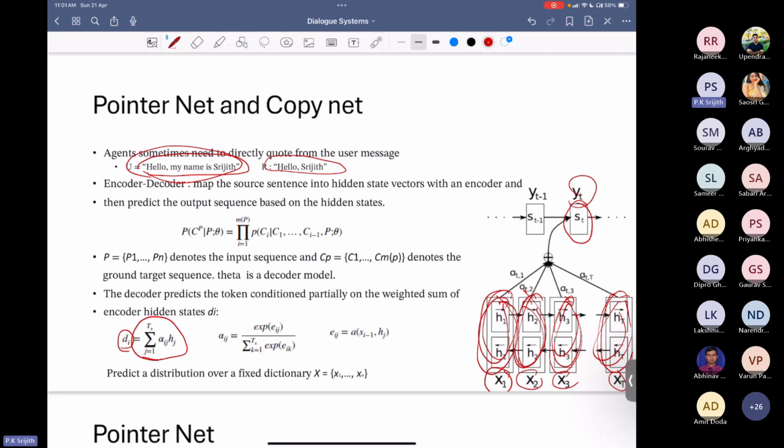For the first step of the decoder, it uses some different attention weights. Maybe it gives more weightage to the first input. Maybe at the last step of the decoder, it gives different attention weights, more attention to the last hidden representation. It depends upon the application also.